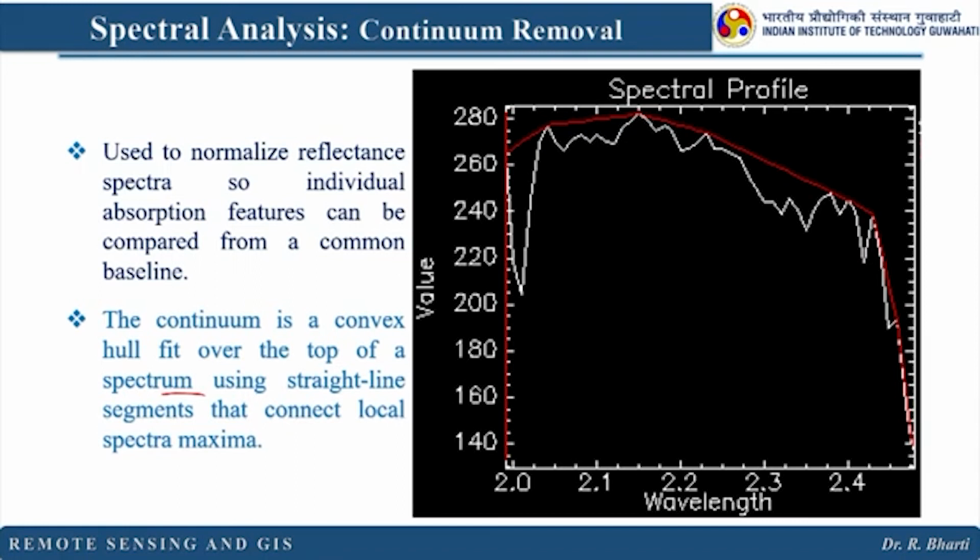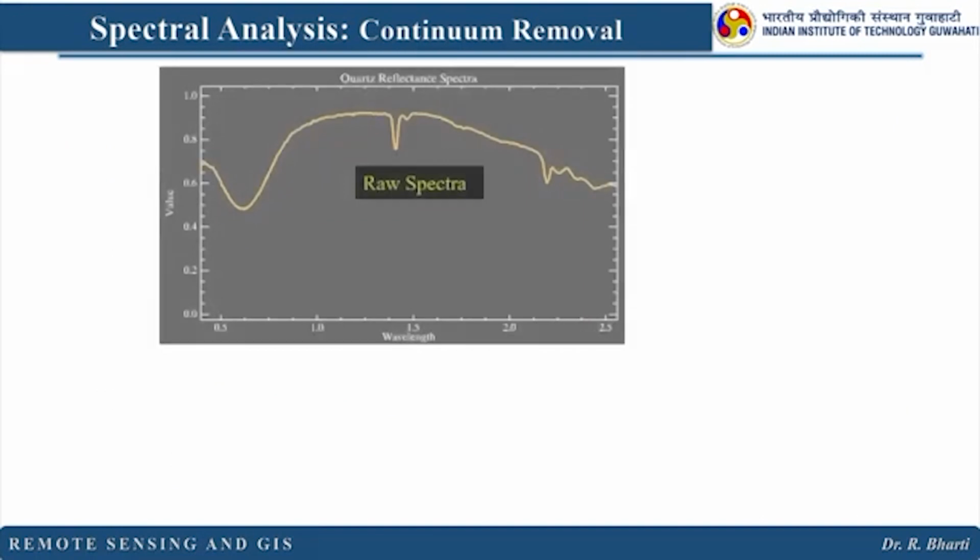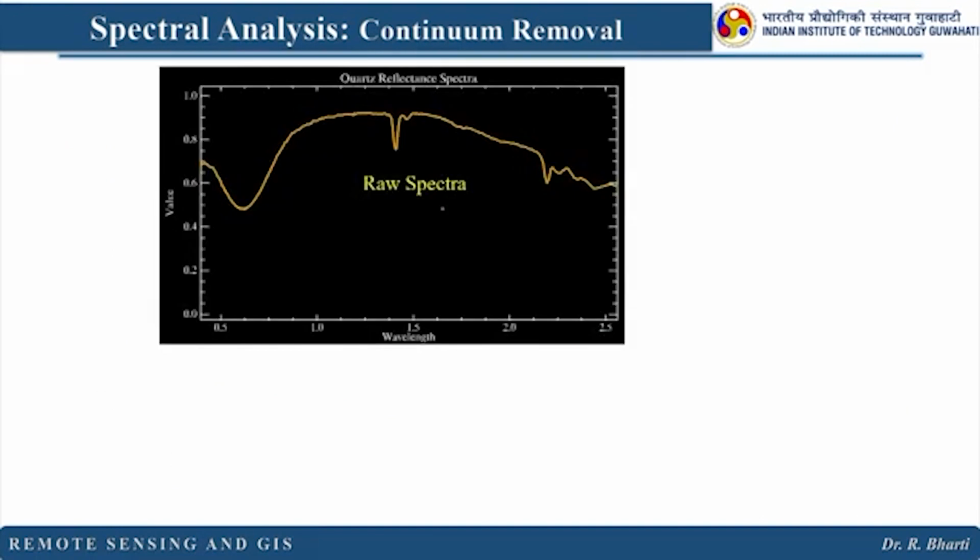To understand continuum removal, just imagine you have a rubber band and you fix that rubber band at all the peaks, right. You stitch all these peaks with this rubber band. What will happen when you stretch your rubber band? Everything will come to a common baseline, right.